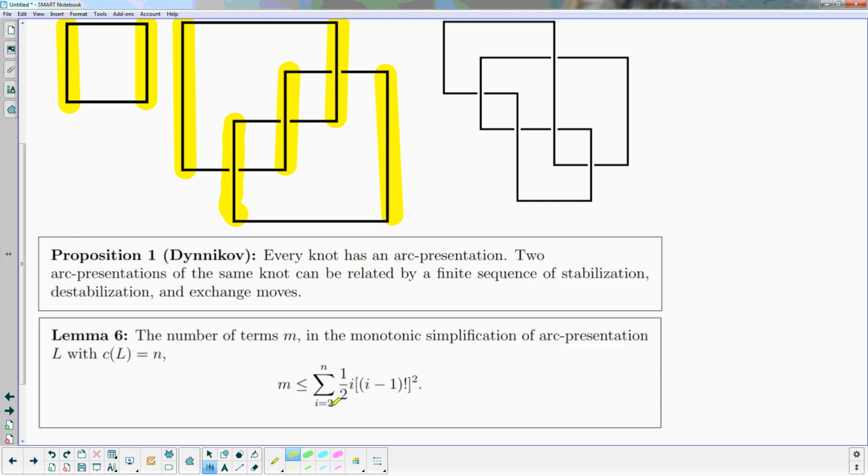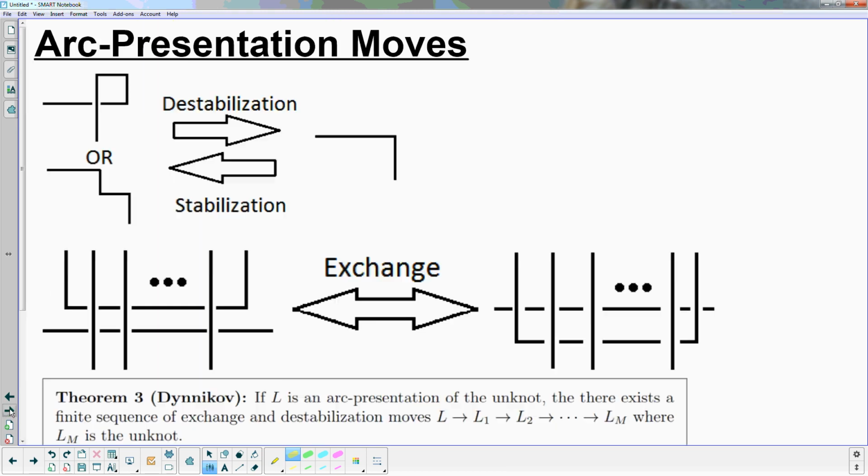That's why we start with 2, because complexity 2 is going to give us the unknot. That is the number of terms of that series.